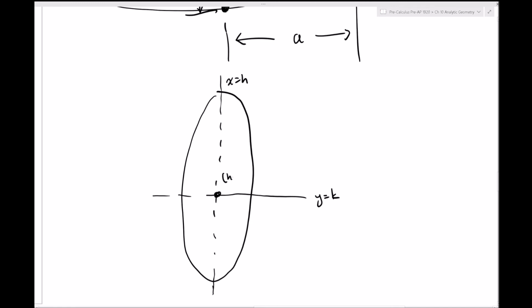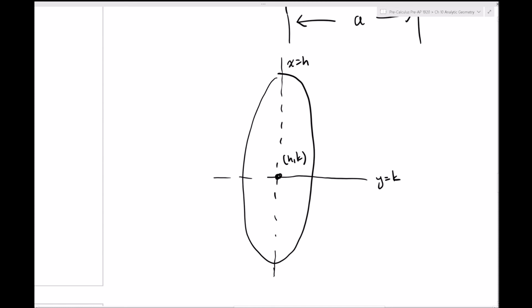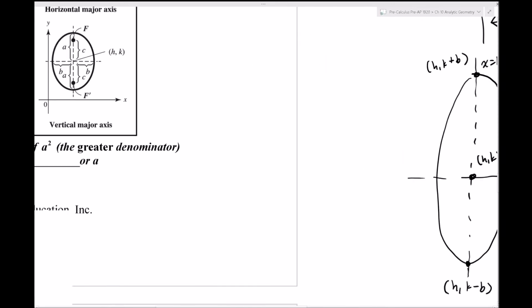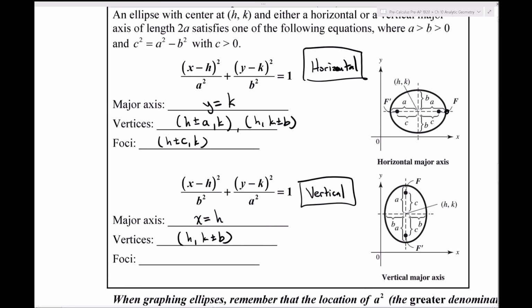Center, still at (h, k). And then they're going to ask for the vertices. So vertices are specifically these two guys. So that's going to be h, k plus minus b. So h, k, and that's going to be minus b in this situation. So the two vertices, h comma k plus minus b, which I'm going to take to be strictly vertices, not co-vertices. So we can see the big differences between the two.